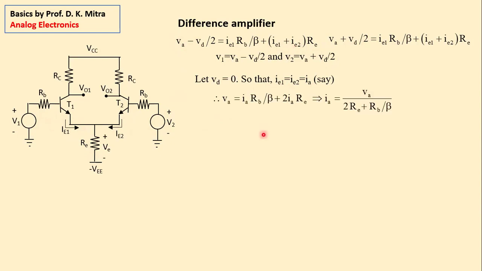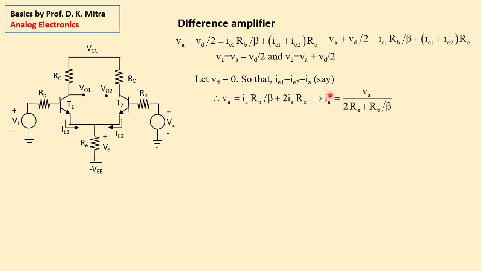If I do that, then look at this equation. VA is equal to, because VD is equal to 0, IE1 is equal to IA, RB by beta plus this is 2IA into RE. From here I get IA, if you take IA common, IA is equal to VA divided by 2RE plus RB by beta.